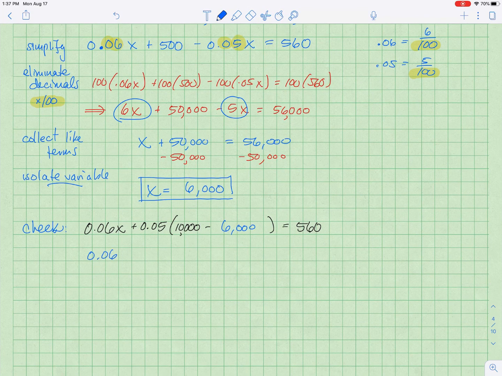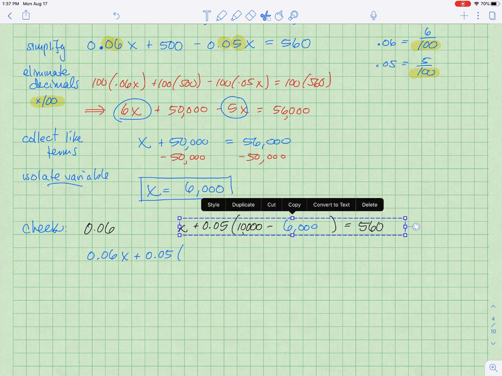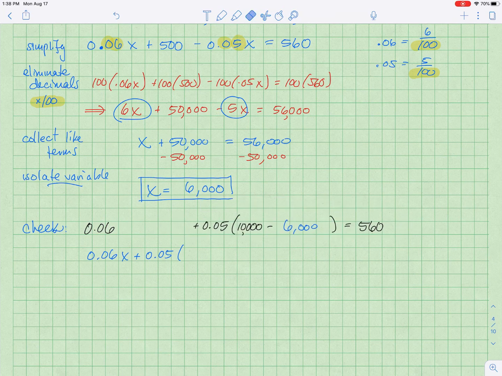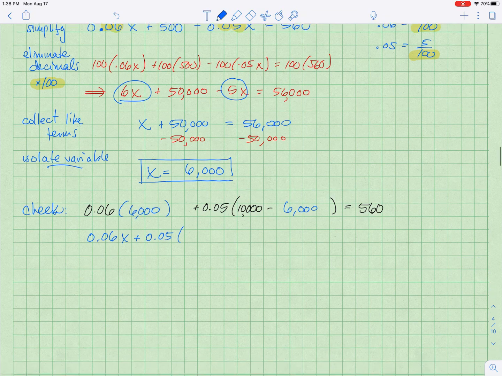Then we have 0.06x plus 0.05 times, oops, I forgot to put the other x in there. Get rid of that x. We'll put 6,000 in there as well.